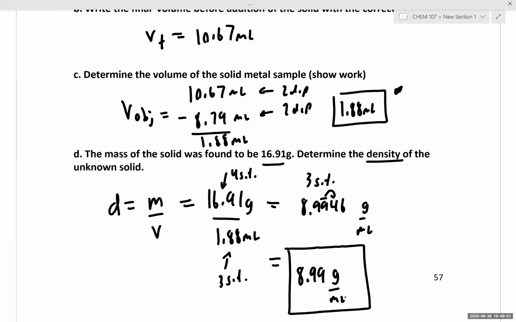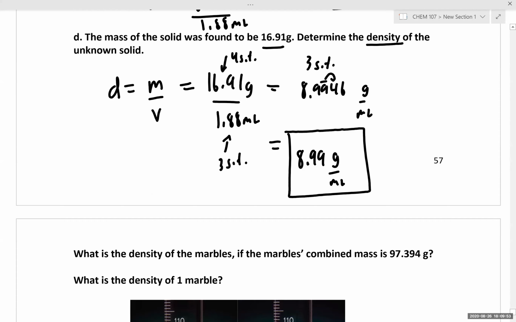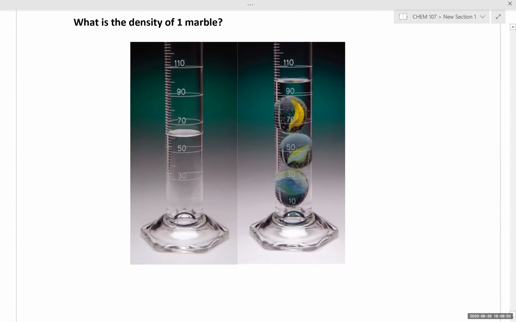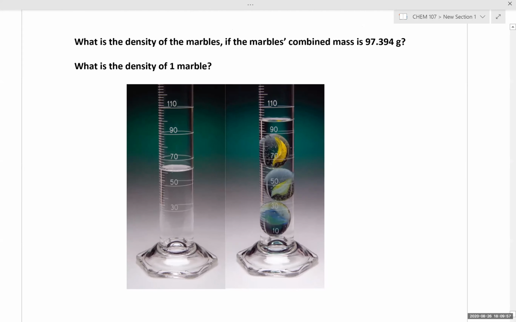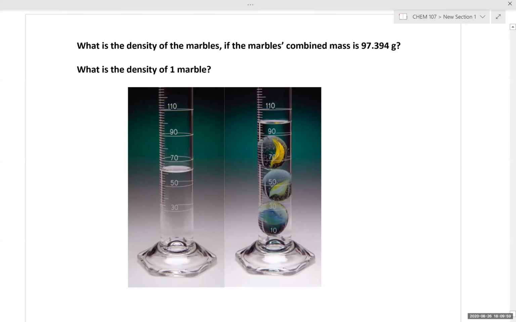If not, let's attempt a cumulative example for this section on density. So I'd like you to determine the density of this group of marbles if their mass is 97.394 grams. I'd also like you to tell me what is the density of 1 marble.